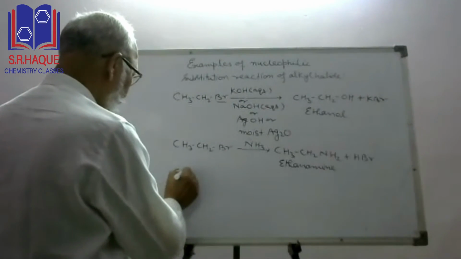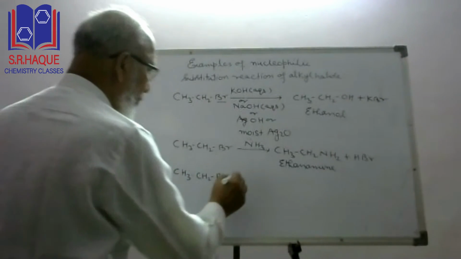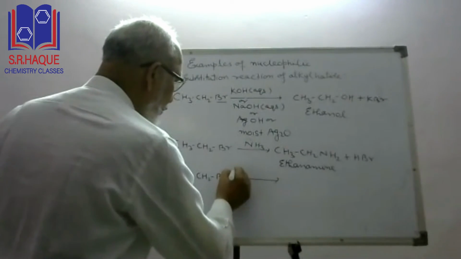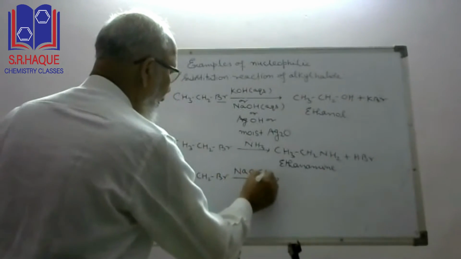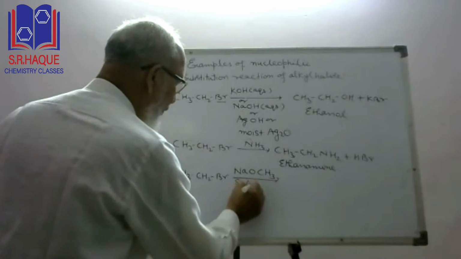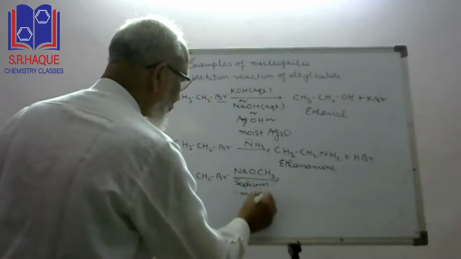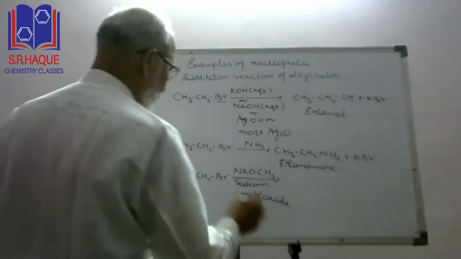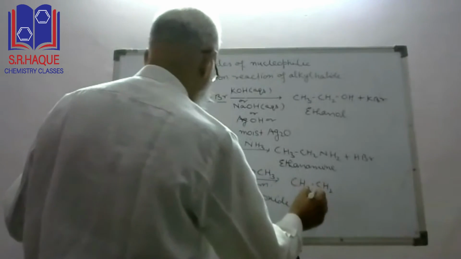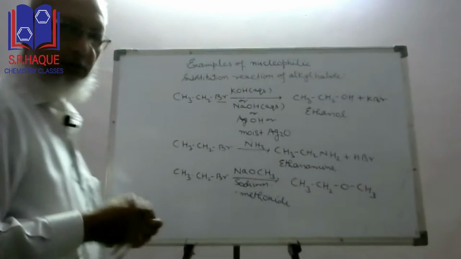Similarly, if this alkyl halide molecule reacts with sodium alkoxide, here I am taking sodium methoxide. This is your sodium methoxide. There is formation of CH3CH2OCH3, that is, there will be formation of ether.